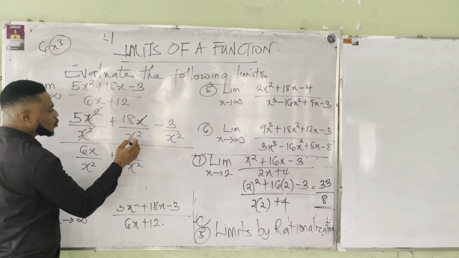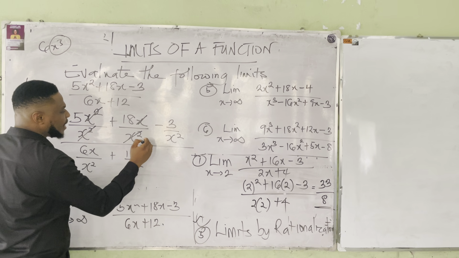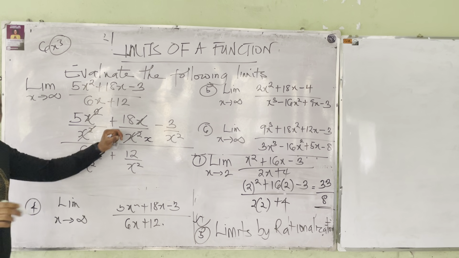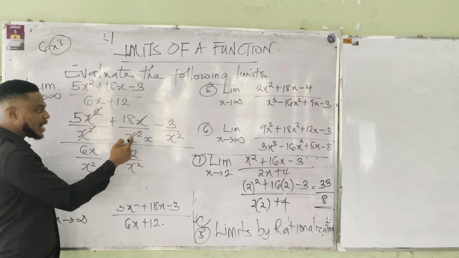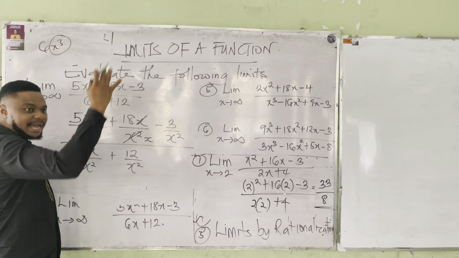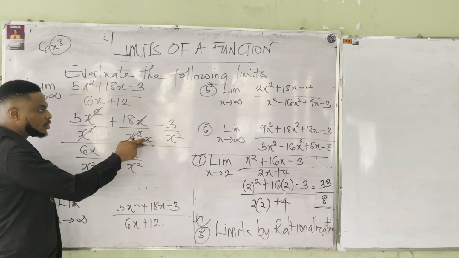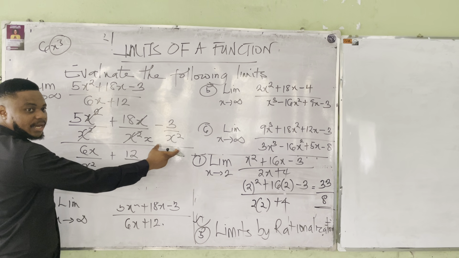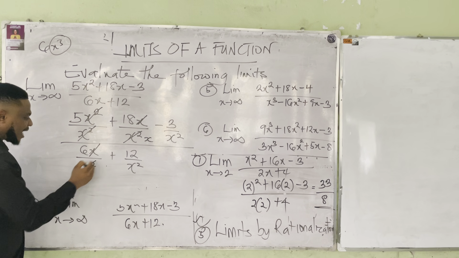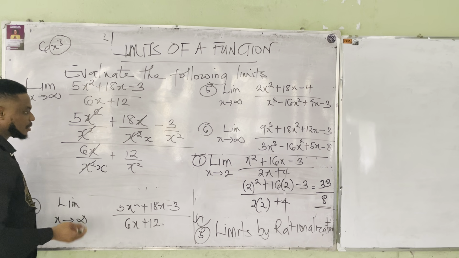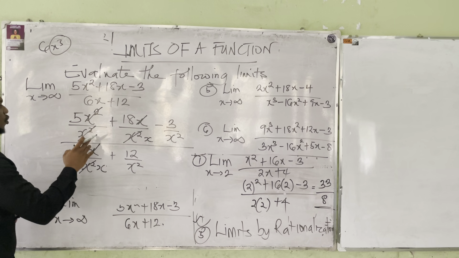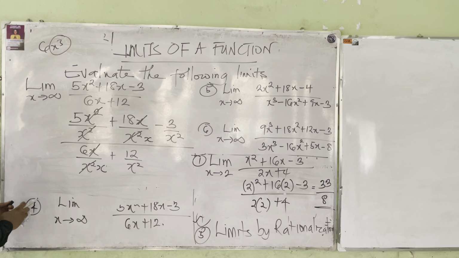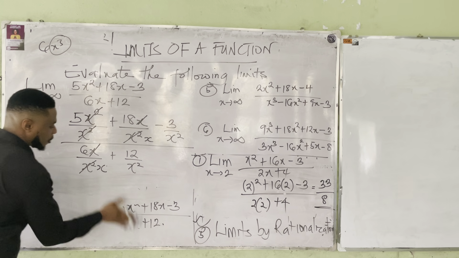If x cancels this x squared, how many x will remain? Only one x will remain. Is there anything that can cancel here? No. Come here now. If x cancels here, how many will be left? X. So after doing that, you can now substitute infinity into the function.